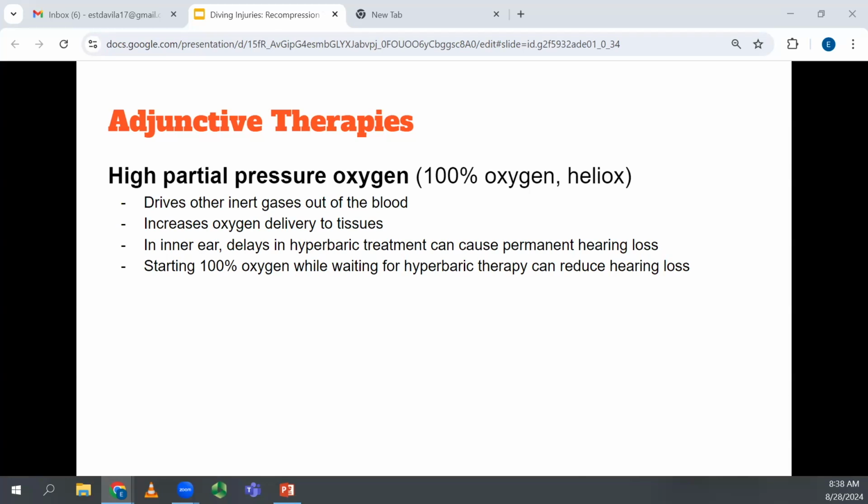The articles I found say that it reduces permanent hearing loss by maybe 40%. But I didn't see any RCTs or meta-analyses that supported this, though it is recommended a lot in the sources that I found. And so you want to start 100% oxygen while waiting for hyperbaric therapy to reduce permanent hearing loss.